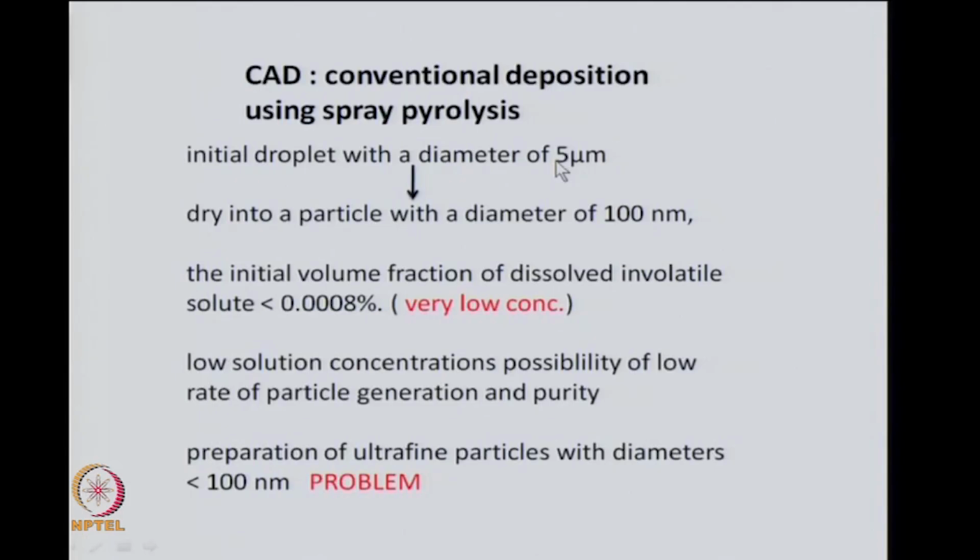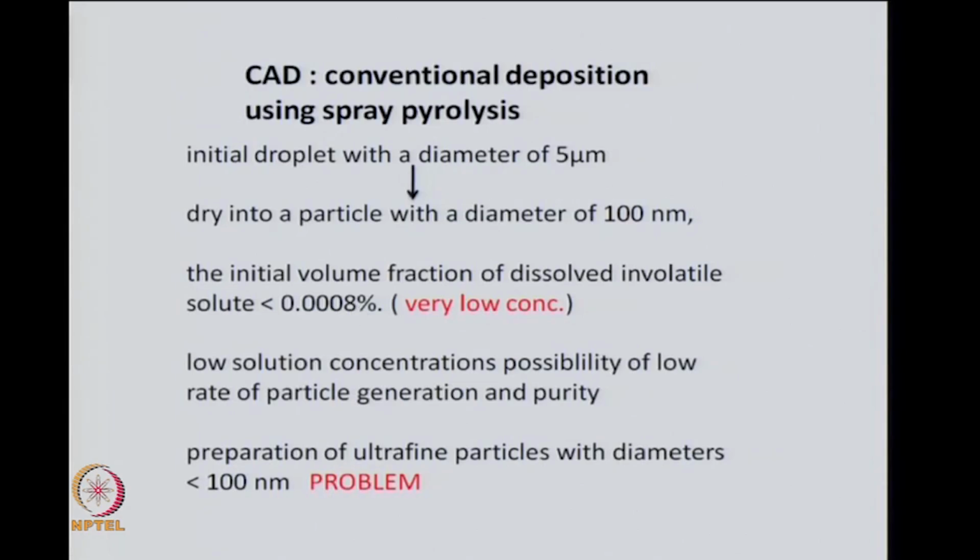If we have to go from a 5 micron droplet to a 100 nanometer particle, the initial concentration has to be very, very low. Then you can do this change, but working at this very low concentration is very difficult, plus it generates impurities, because at this level of concentration something else can also be present.